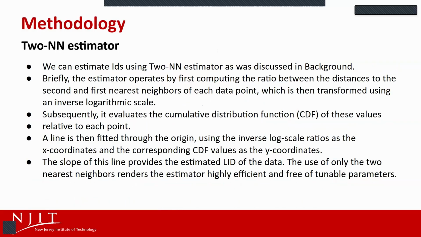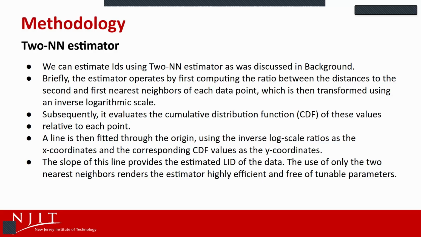Next is the 2NN estimator. Here we can estimate LIDs using the 2NN estimator, as was discussed in the background. Briefly summarizing how it works, the estimator operates by first computing the ratio between the distances to the second and first nearest neighbors of each point, which is then transformed using an inverse logarithmic scale.